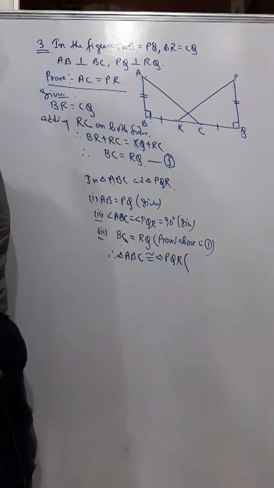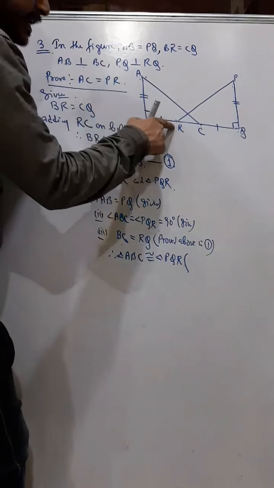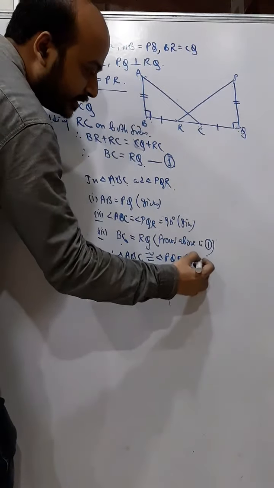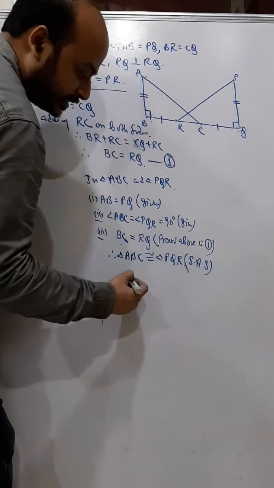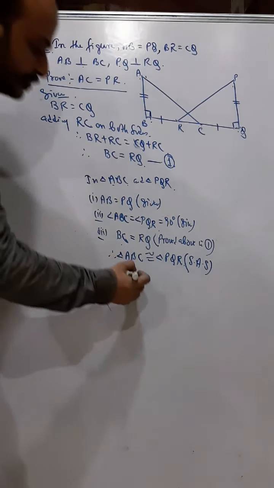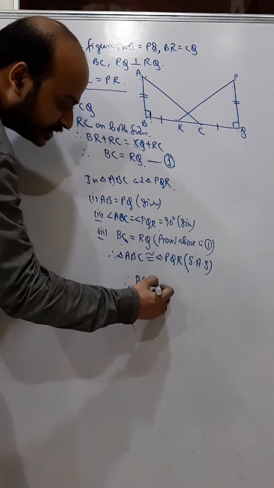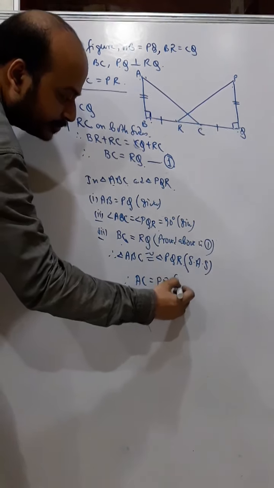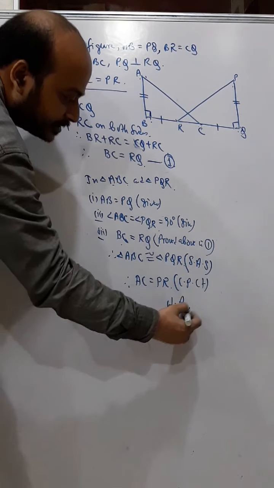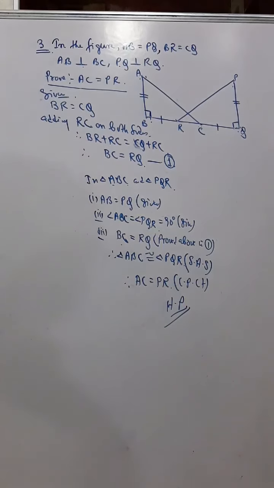And what is our criteria? Side angle side. And now we can say therefore AC equals PR, CPCT, and hence proved.